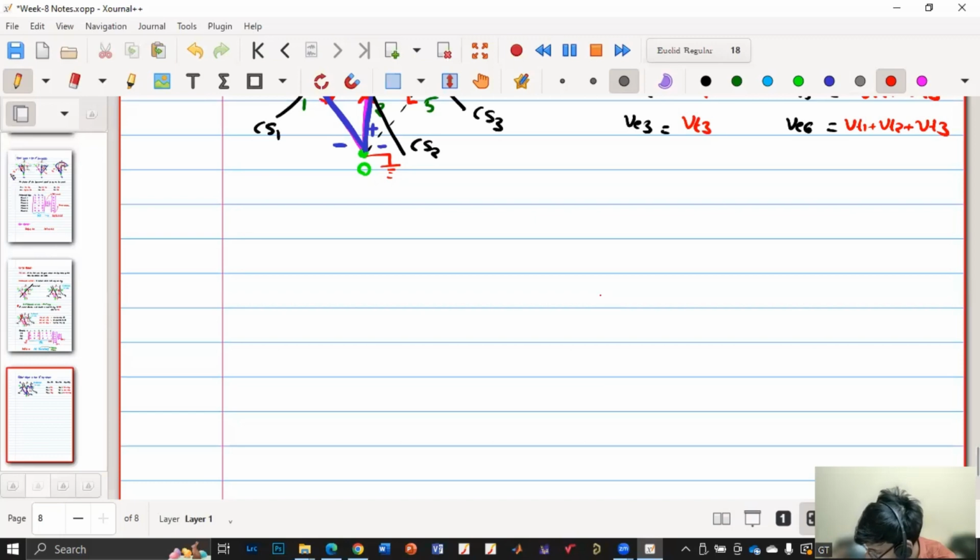So if I write the matrix, here it will be twig voltages. We have three twigs: twig 1, twig 2, twig 3.